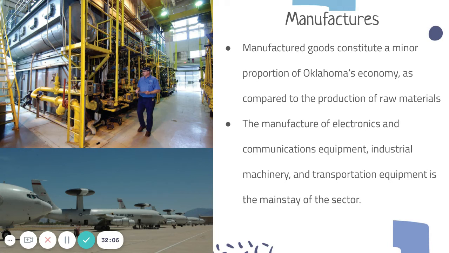And so we see that transportation is going to be an extremely beneficial economy and manufactured sector in Oklahoma. In order to take our raw products, in order to take our goods and sell it to the rest of the state and the rest of the nation, we have to be able to transport it. And so we see that these industries are going to flourish and provide Oklahoma with the jobs that it needs to have.